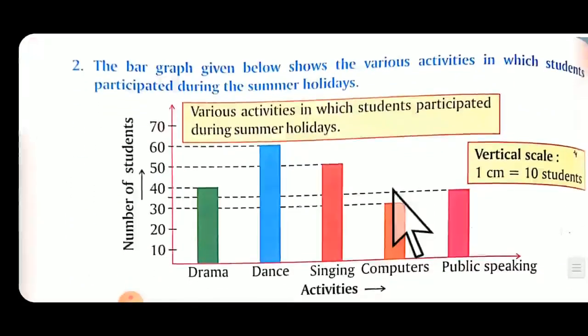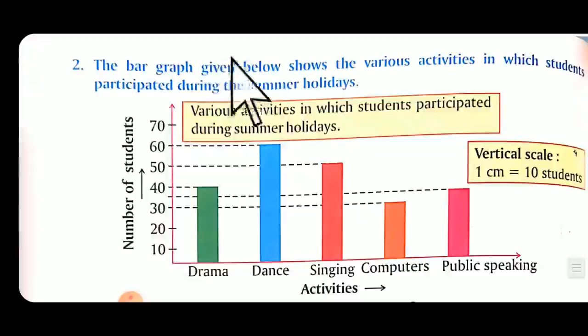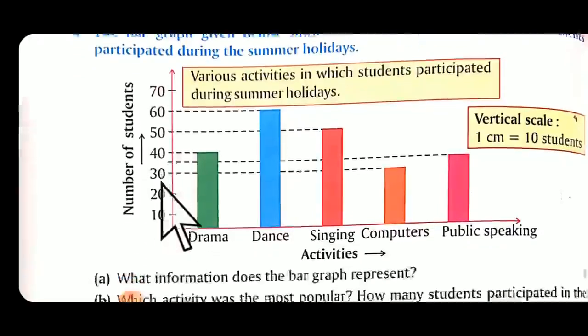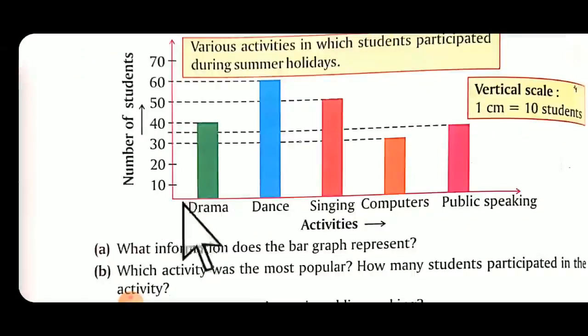Then question number 2. The bar graph given below shows the various activities in which students participated during summer holidays. See, in the vertical line they gave the information of number of students, and in the horizontal it is activities: drama, dance, singing, computer and public speaking.